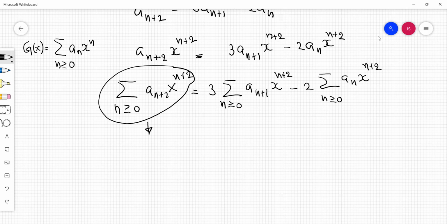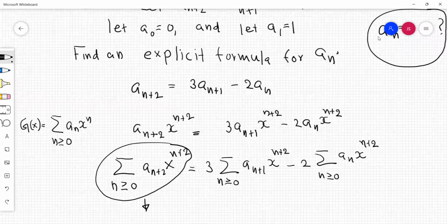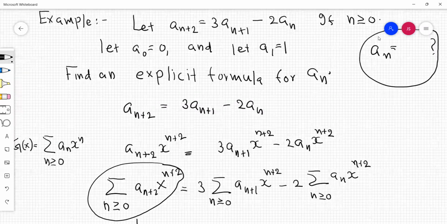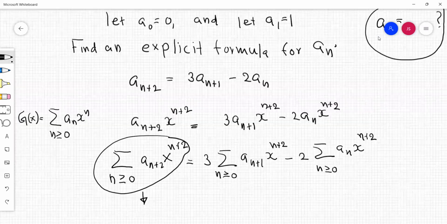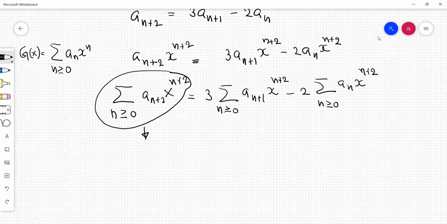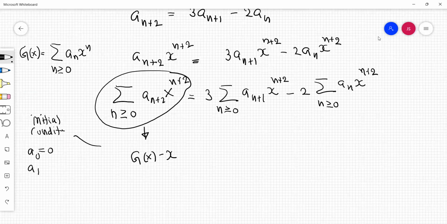It is G(x) minus a_0 minus a_1 times x. In this problem, a_0 equals 0, a_1 equals 1. So it is G(x) minus x, with the initial conditions a_0 equals 0 and a_1 equals 1.